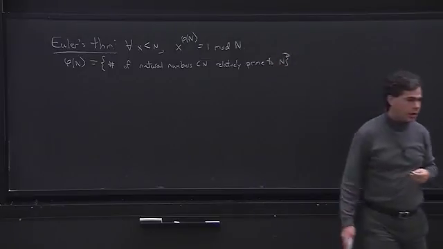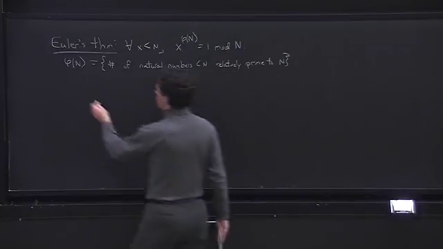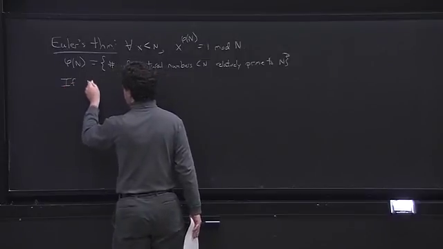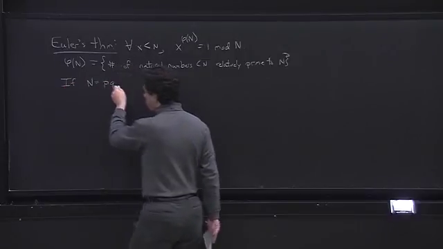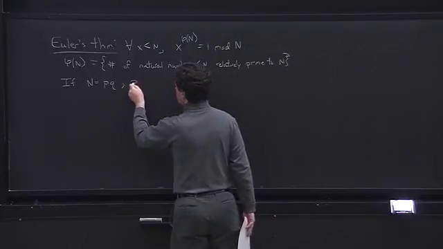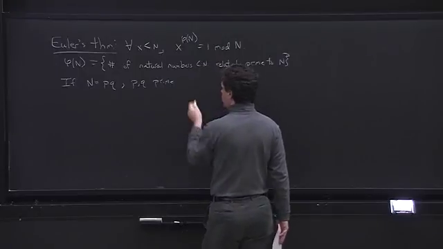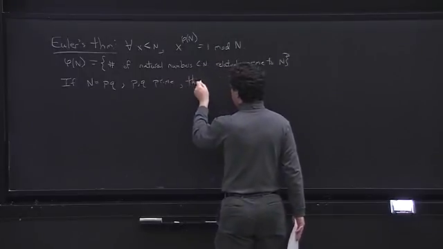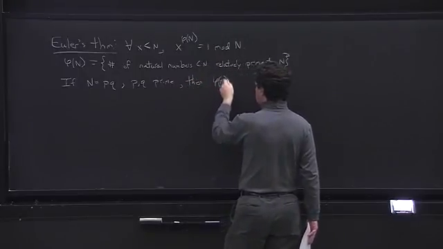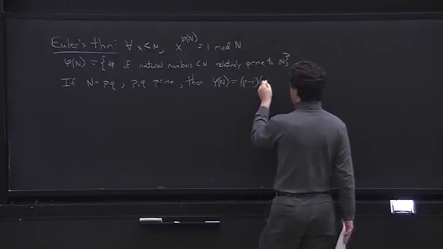There's a relatively simple formula for this in terms of the prime factorization of n. In particular, if n is equal to p times q, where p and q are prime, which is the case we're most interested in, then phi of n is equal to (p minus 1) times (q minus 1).